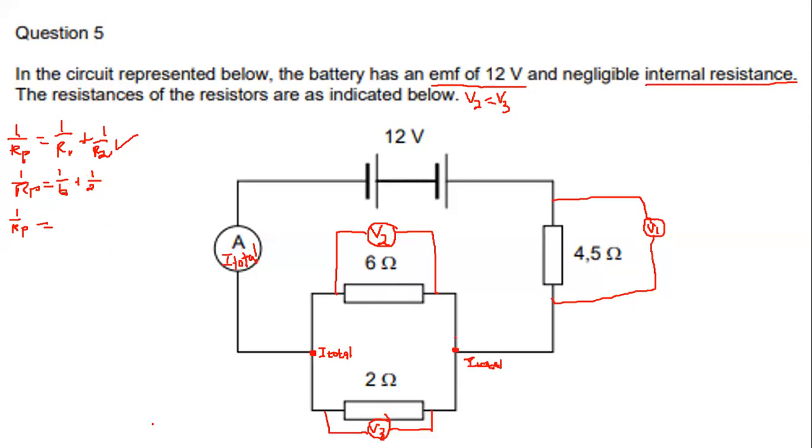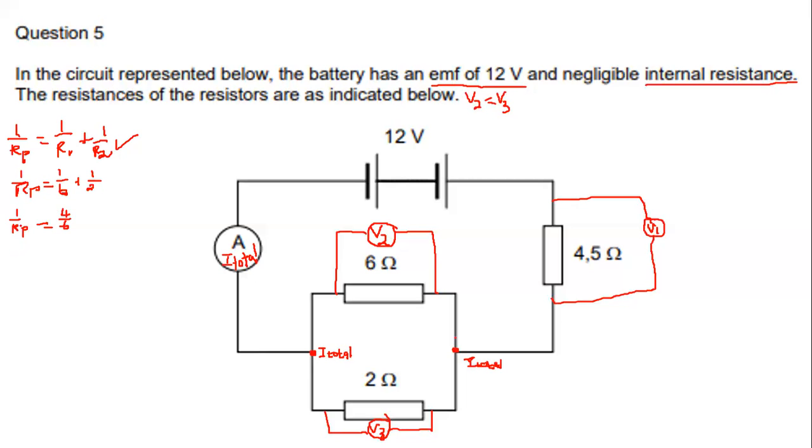Just want to work it out quickly for you. It will give me 4 over 6 altogether. So 4 over 6 is 1 over Rp.